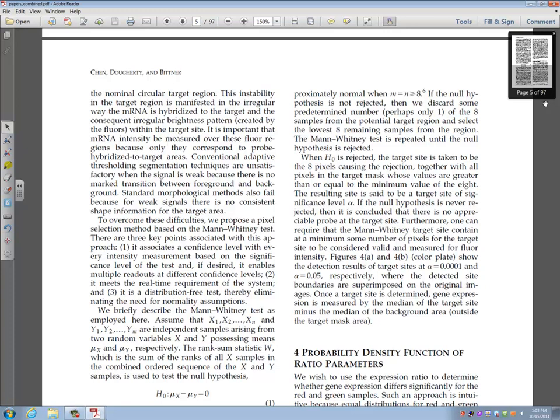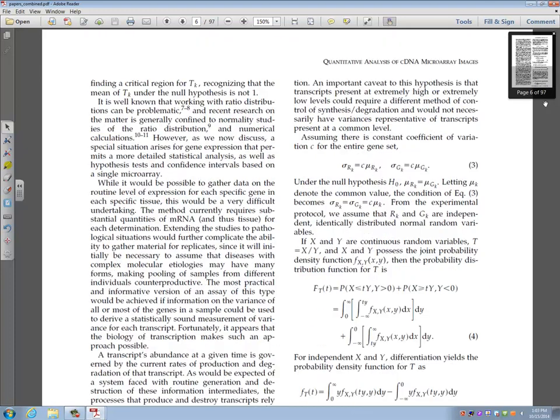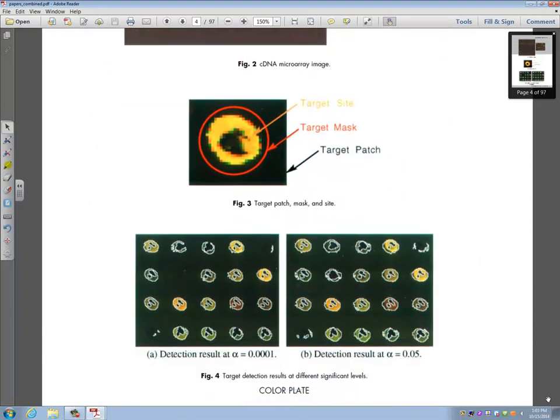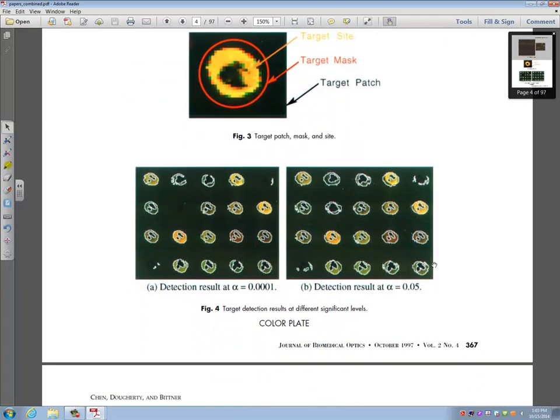On the previous page, you can see these are the targets that would be detected at different levels of significance.